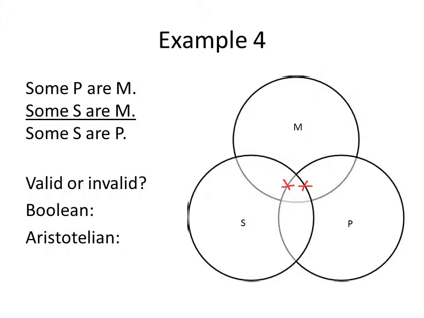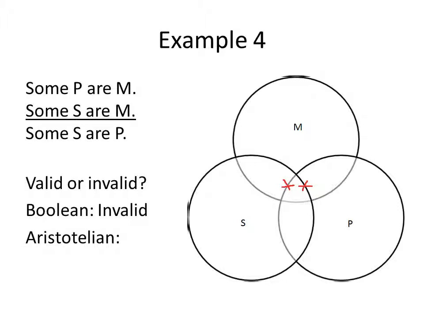Remember that where we have these x's means that there are a bunch of different ways for the associated premises to be true. So this is going to be invalid. Why is that? Suppose that some P are M is true and some S are M is true. Must it follow that some S are P?